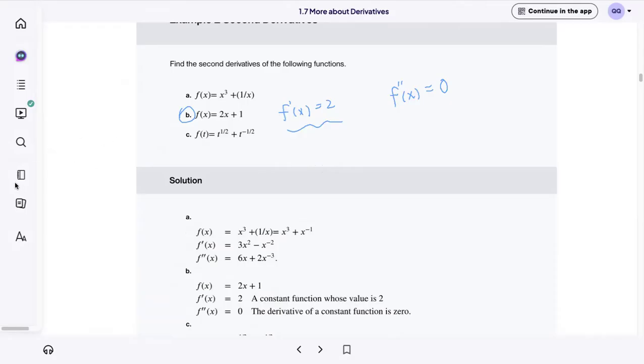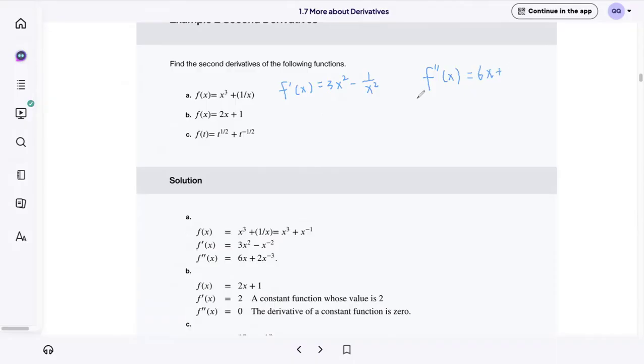Now let's try the first one. The first derivative f prime equals 3x squared minus 1 over x squared. Then the second derivative, which means we take a derivative of the first one, is 6x, 3 times 2, 6, then 2 minus 1 is x raised to 1.